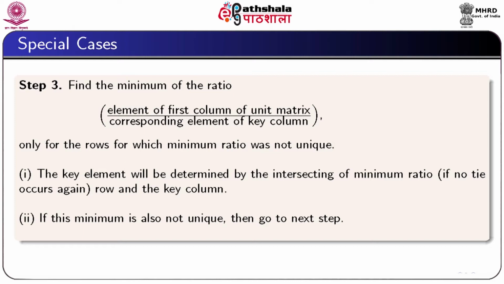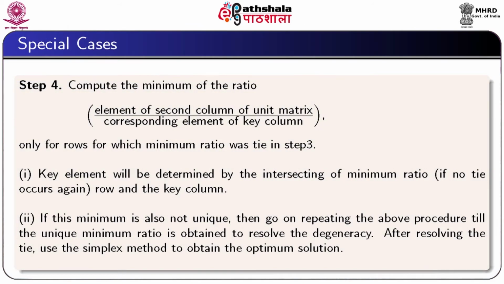If this minimum is also not unique, then we will go to the next step. In step 4, compute the minimum of the ratio like this: element of second column of unit matrix divided by the corresponding element of key column only for those rows for which minimum ratio was tie in step 3.